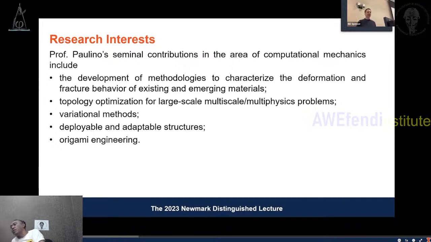Indeed, the work that my group has done on topology optimization was inspired by Professor Paulino. Additionally, variational methods and deployable and adaptive structures, and the topic for today, origami engineering.